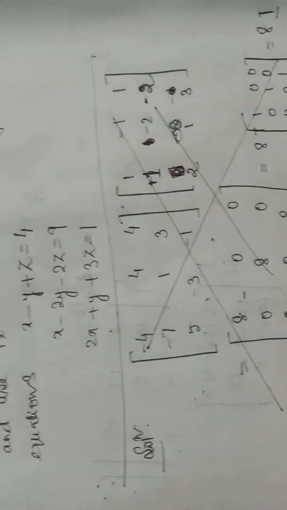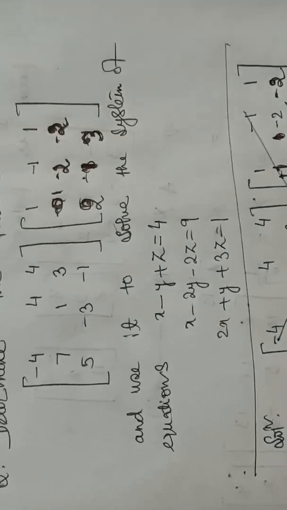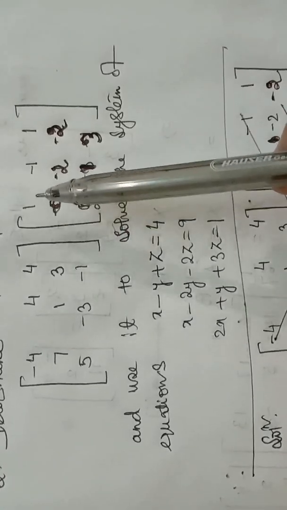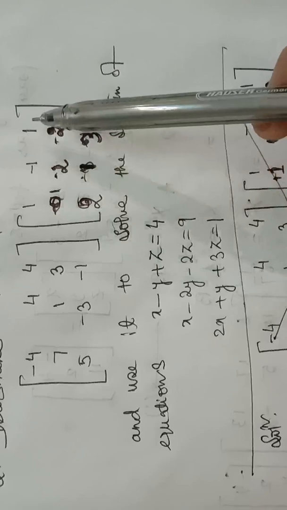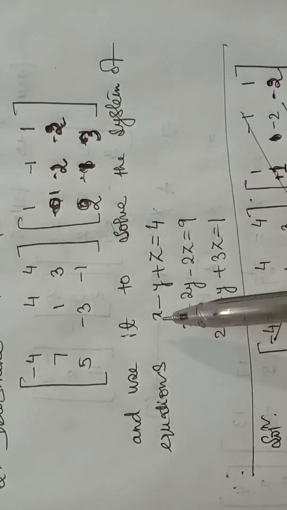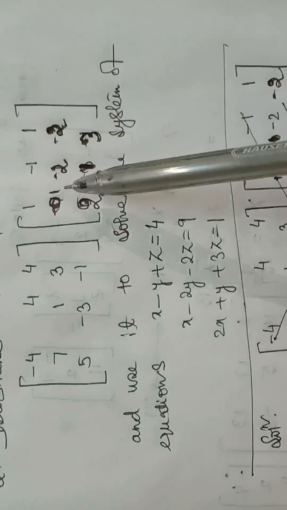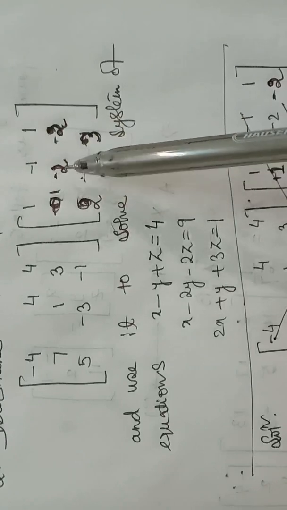Now you can see the second matrix. In the second matrix, the first row is 1 minus 1 1, and in the given equation the coefficients are also 1 minus 1 1. In the second row of this matrix, the elements are 1 minus 2 minus 2.